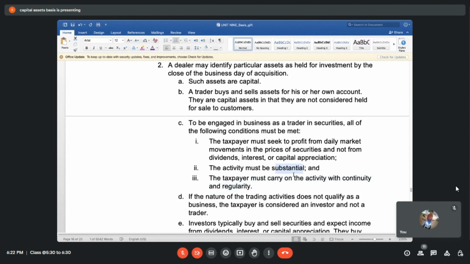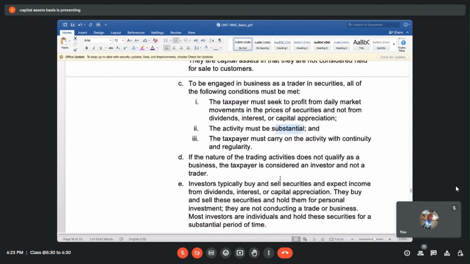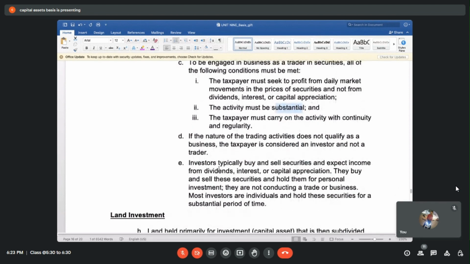What is substantial? Maybe in some countries a certain amount of trading could be substantial, but as compared to the US, it may not be. So we obviously have to pay attention to the background information also, what is being done. Investors will typically buy and sell for capital appreciation or for getting dividends, interest, and all.